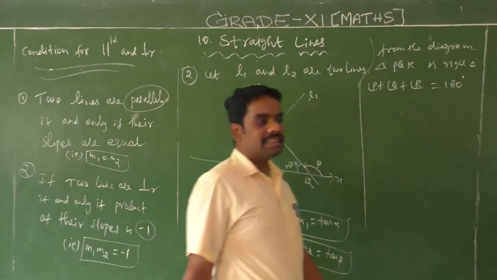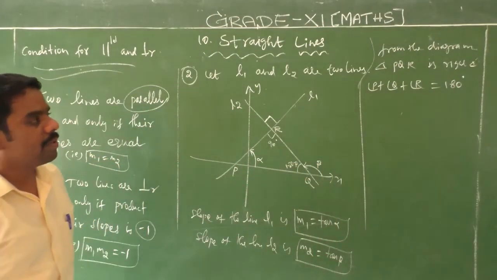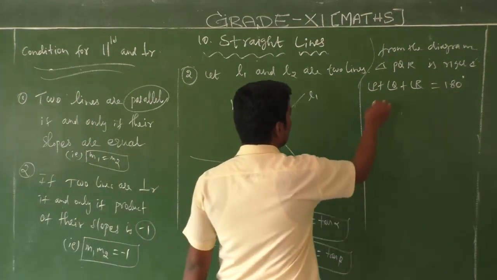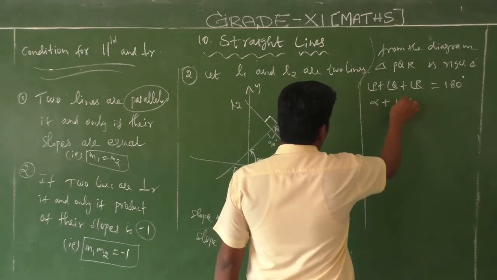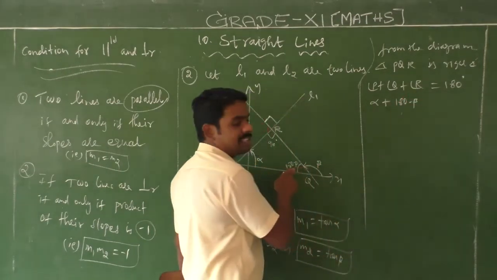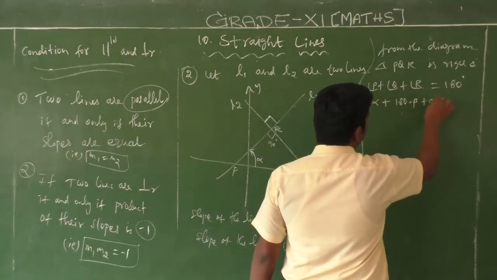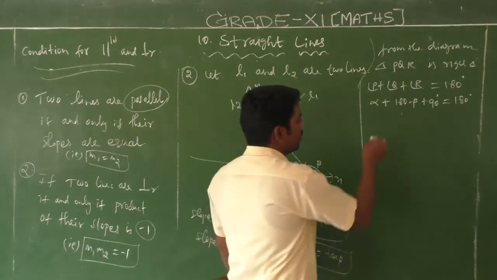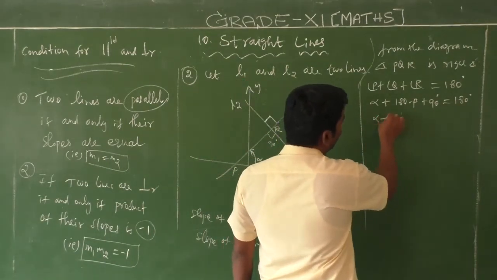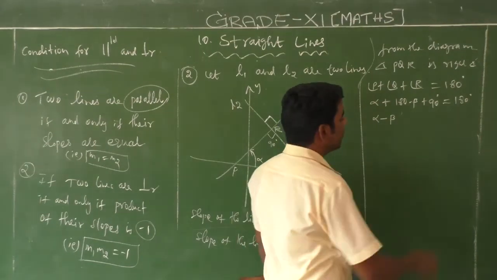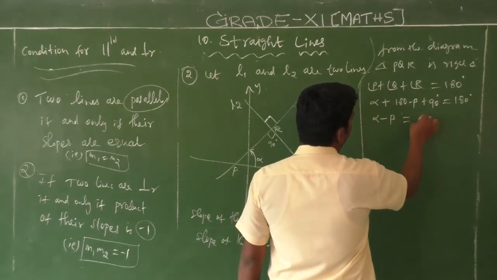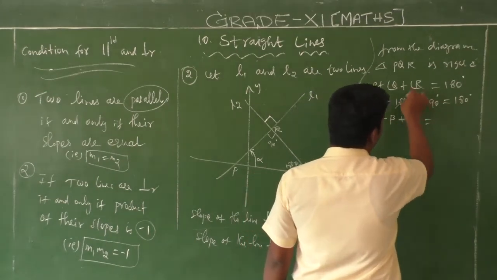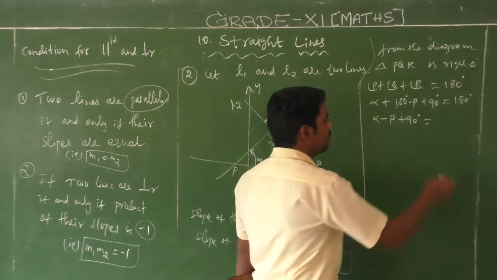Already you know, last class we studied this theorem. So angle P plus angle Q plus angle R is equal to 180 degrees. Here angle P is alpha, angle Q is 180 minus beta, and angle R is 90 degrees.